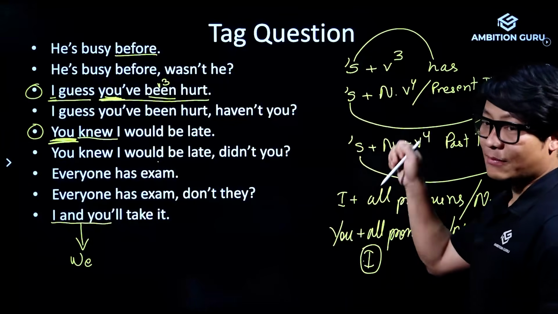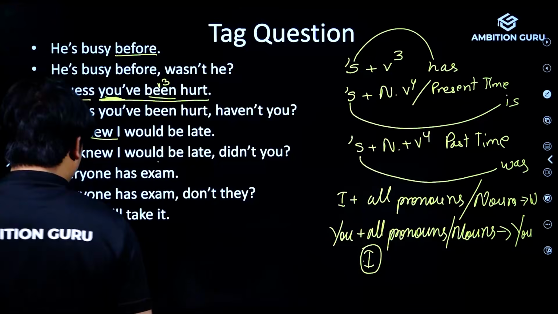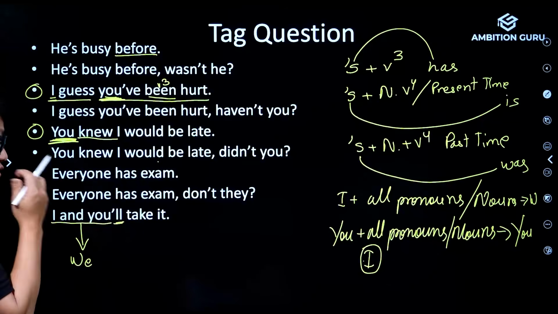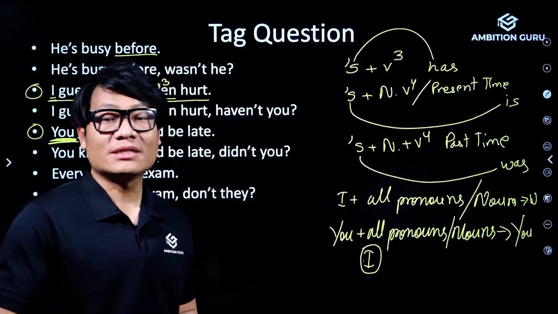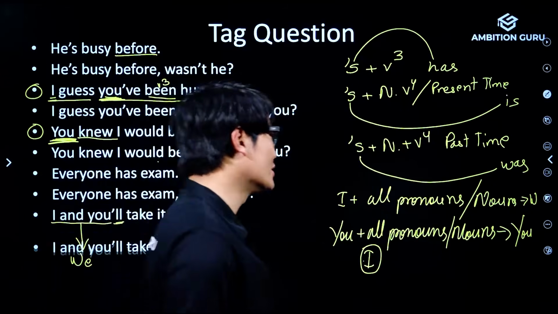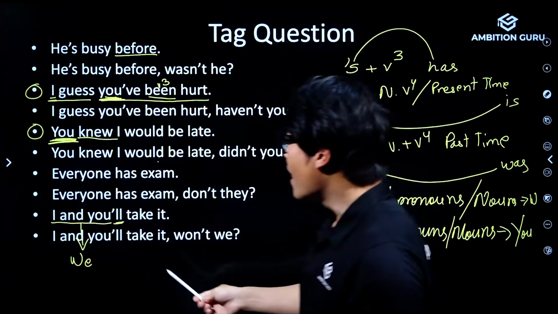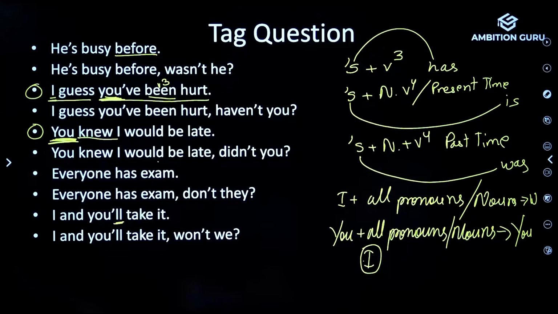You and he, that means you and she, that means "you". So what's the answer now? So the double L, this means obviously this is "will", and its answer is "won't we". "I and you will take it, won't we?"